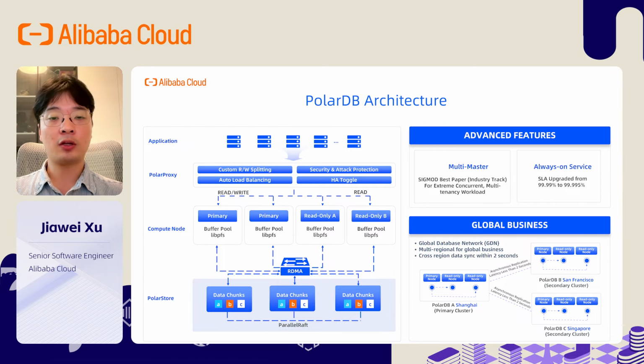PolarStore utilizes our custom parallel wrapped protocol for data consistency and reliability. Compute nodes access PolarStore via high-speed RDMA network. This architecture eliminates the need for data replication between nodes, so efficiency is improved significantly.